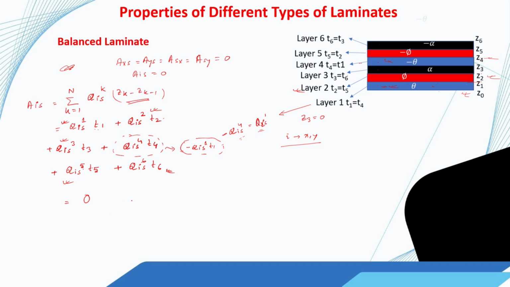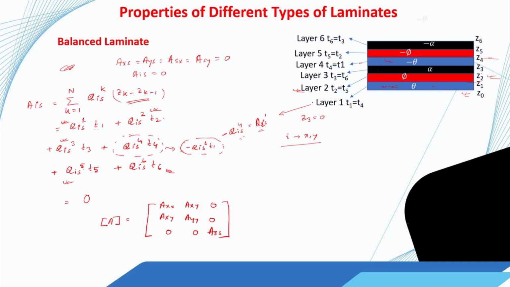So, in a balanced laminate we have AIX equal to 0. So, for a balanced laminate, A is equal to AXX, AXY, 0; AXY, AYY, 0; and 0, 0, ASS. Now, here only these IS terms were opposite of each other when theta goes from positive to negative, but the QXX, QYY, QXY and QSS do not change their value, they do not become negative.